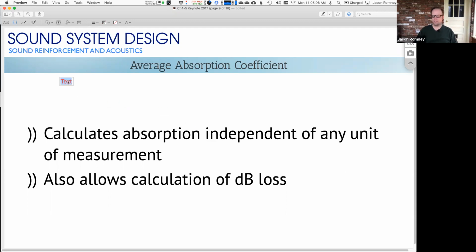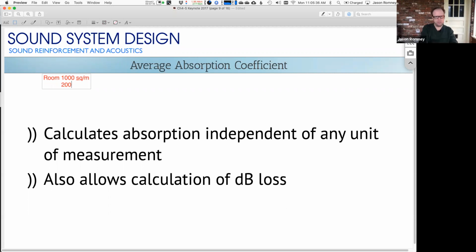Okay, so let's say I have a room, and we'll do this in meters just to show how you can avoid that problem with the Sabines. So let's say this is 1,000 square meters of total surface area. If you add up all the walls, the floor, and the ceiling, all that surface area, you get 1,000 square meters of total surface area.